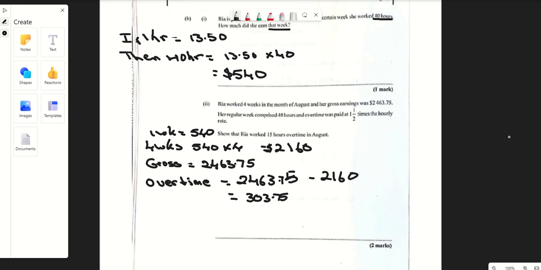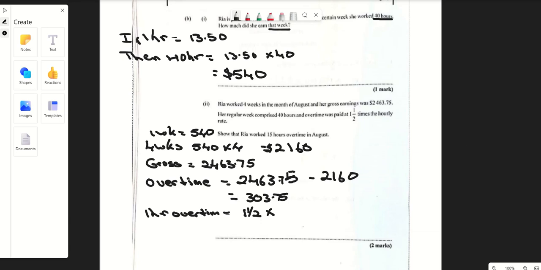So we know that 1 hour of overtime would be time and a half, 1.5 multiplied by her hourly rate. What is her hourly rate? $13.50.